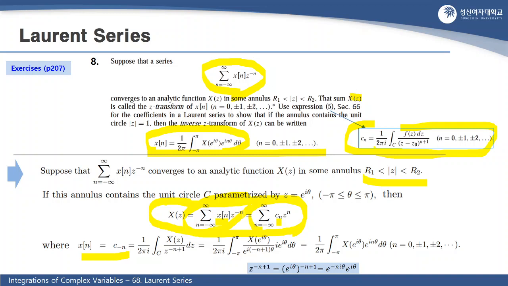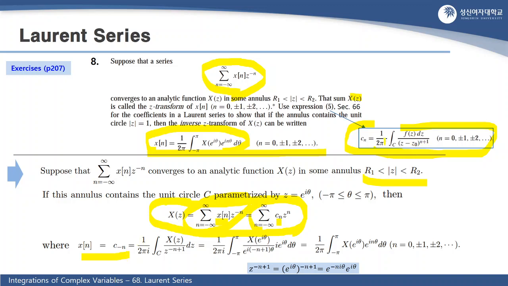Because here it is g to the negative n, x of n must be equal to c negative n, where Cn is equal to 1 over 2 pi i integral along C of f of g dg divided by g minus g naught to the n plus 1.